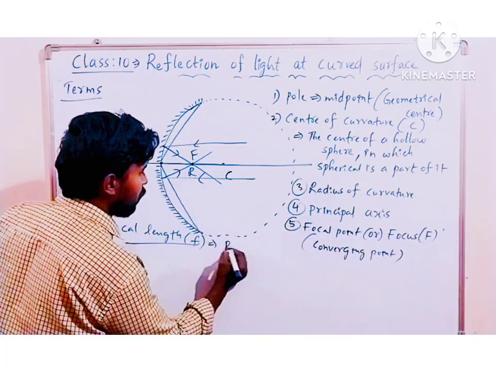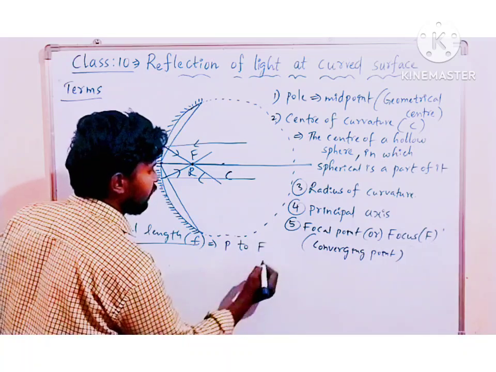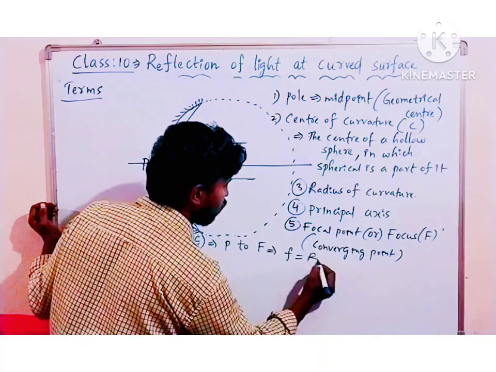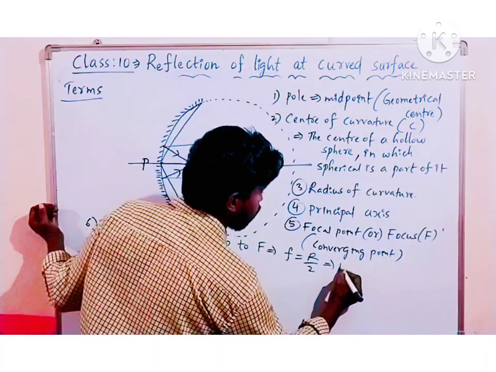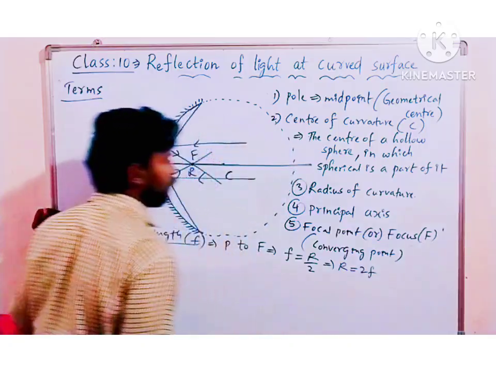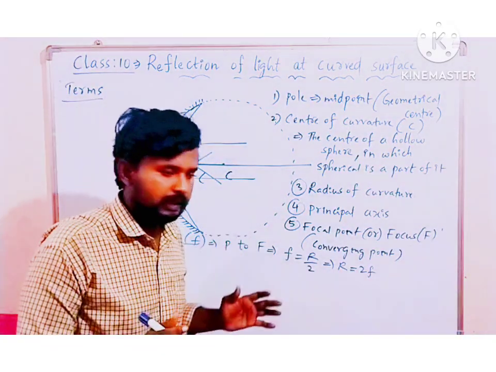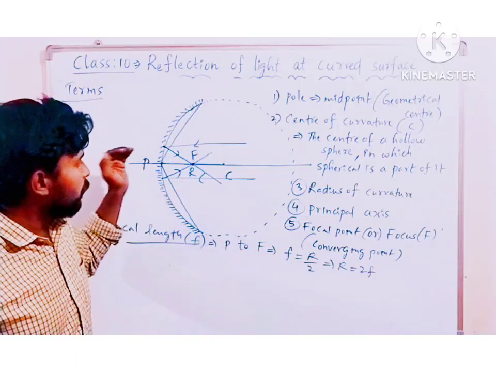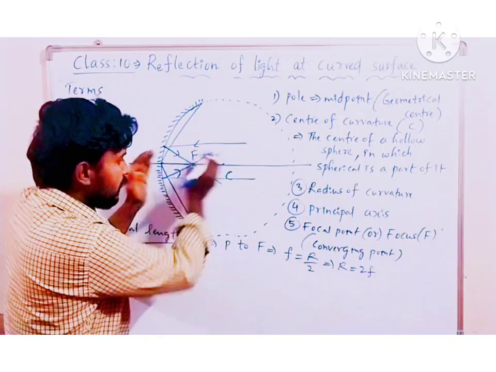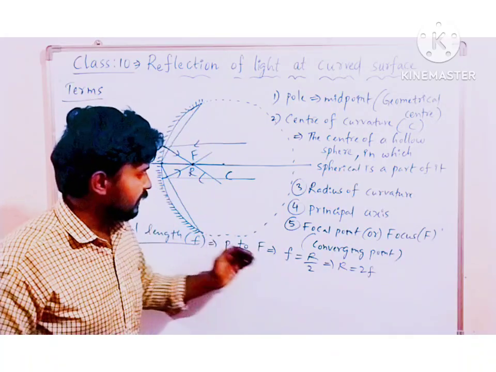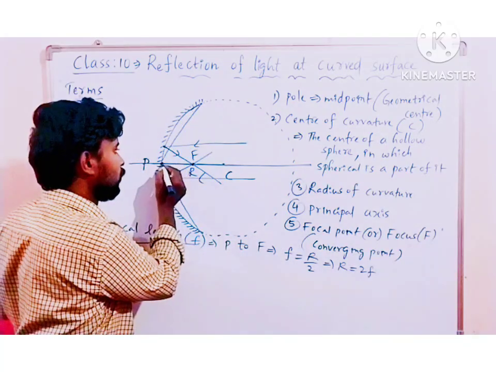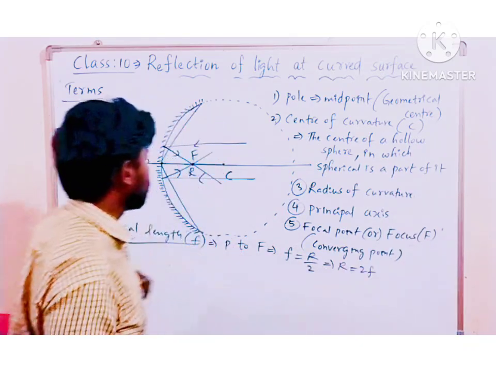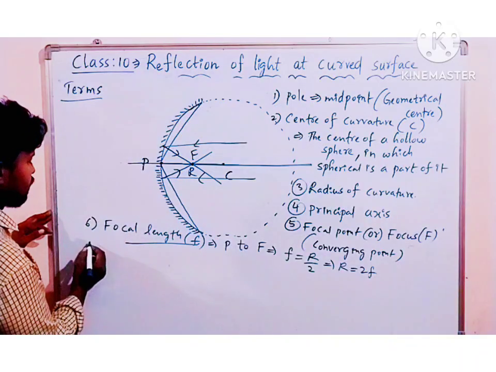So the relation is focal length equals R by 2, so R equals 2f. Focal length is the distance between the pole and the focus. Next thing is the radius of curvature: the distance from the pole to the center of curvature is called the radius of curvature. R equals 2f.